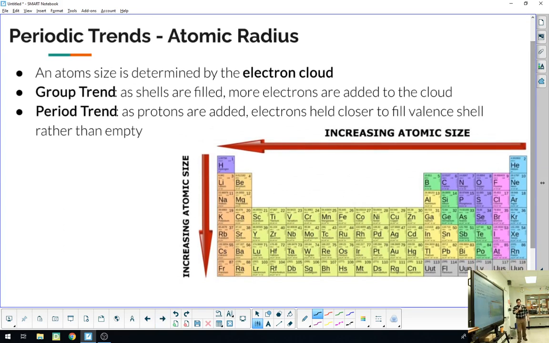So look at atomic radius. How big an atom is. The problem we run into is that you can't really know for certain how big an atom is, but man, we get pretty close to predicting it. What we do is we look at two atoms that are chemically bonded together.